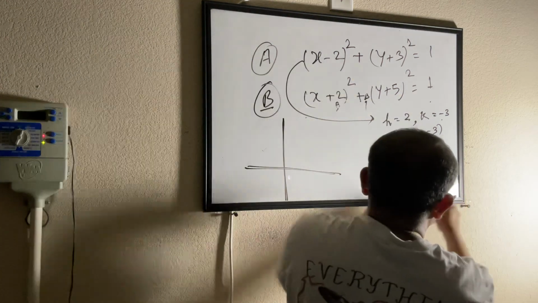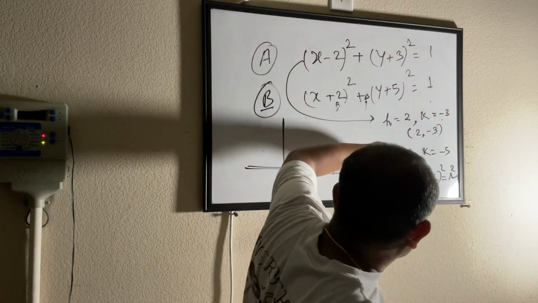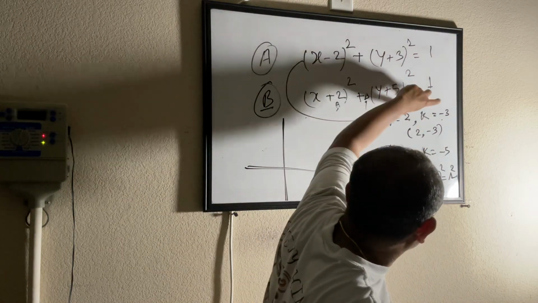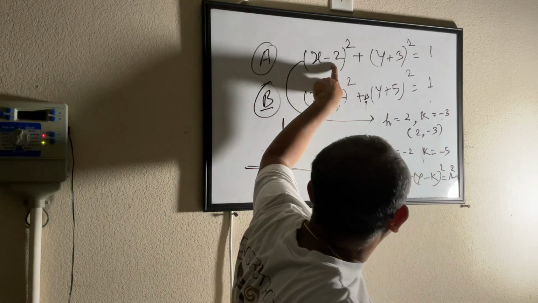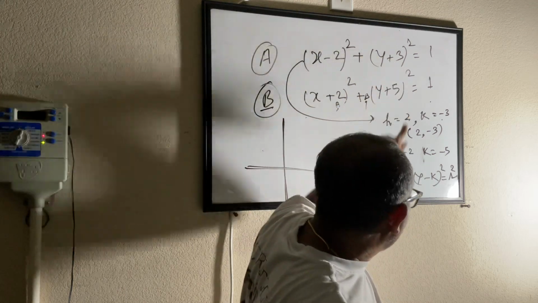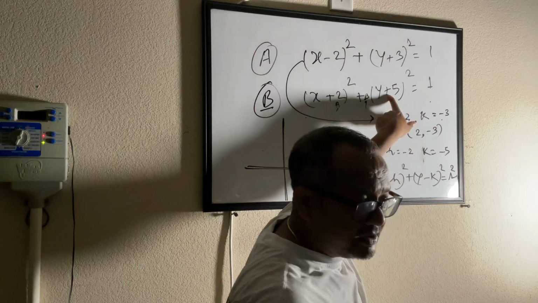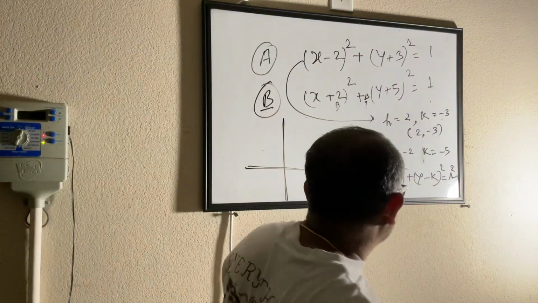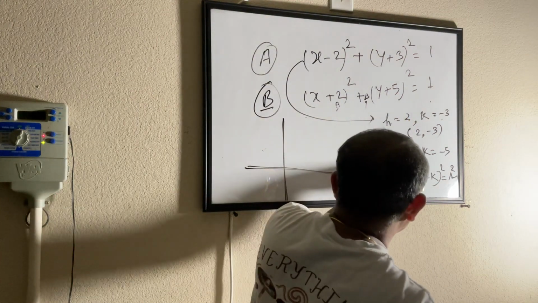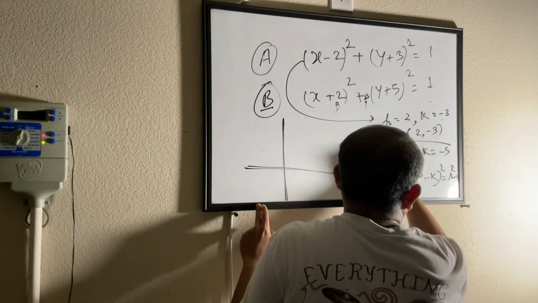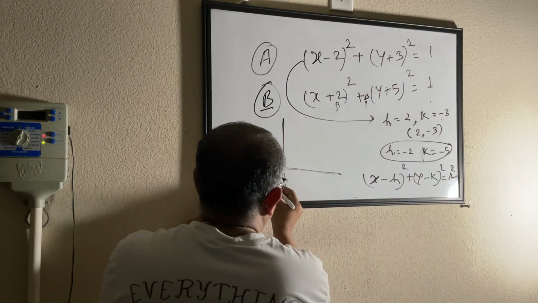My radii are the same. So in this case, my h and k, the x and y coordinates, are 2 and minus 3. That is how it becomes plus. And for the second one, it is minus 2 and minus 5. So the second circle's x and y coordinates are minus 2 and minus 5.